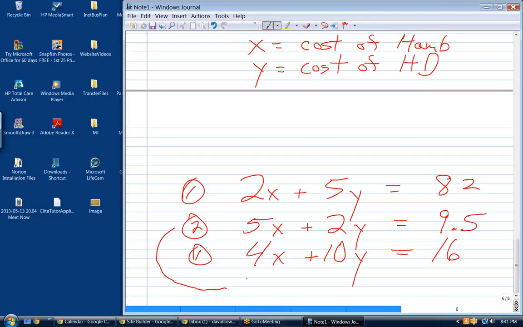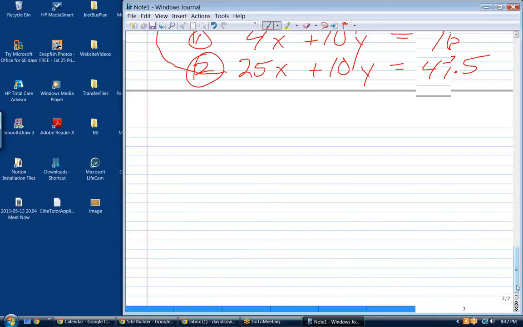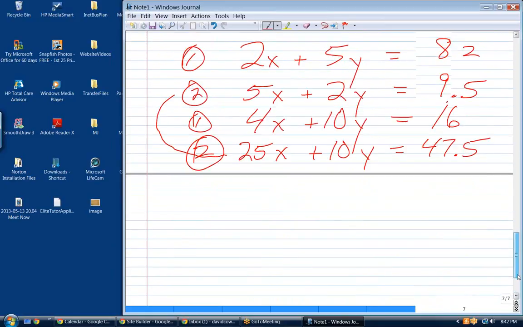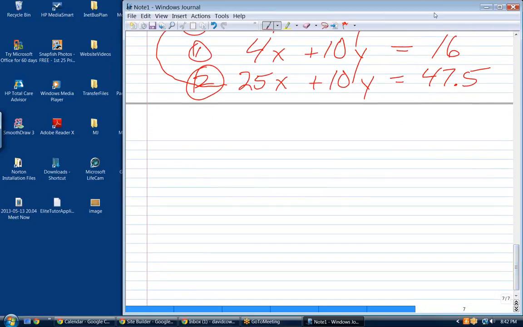Oh, because then it would be 10y, yeah. 5 times this is 47.5. And this is now equation number 2. So now I can work with the new equation 1 and 2 right there.